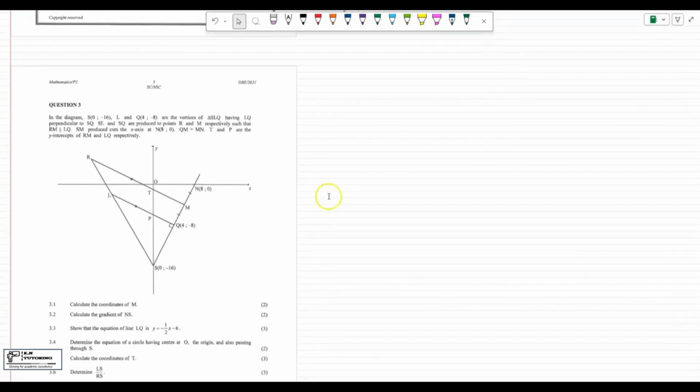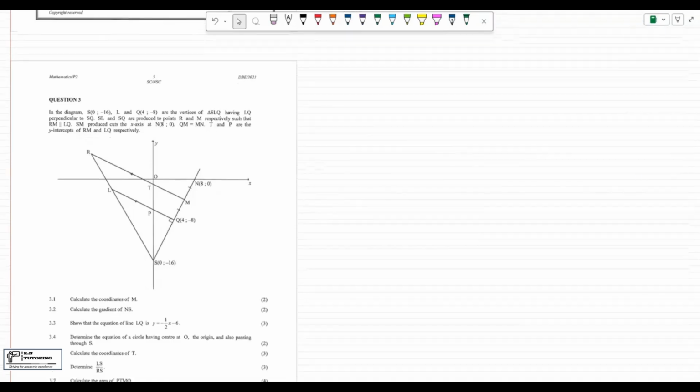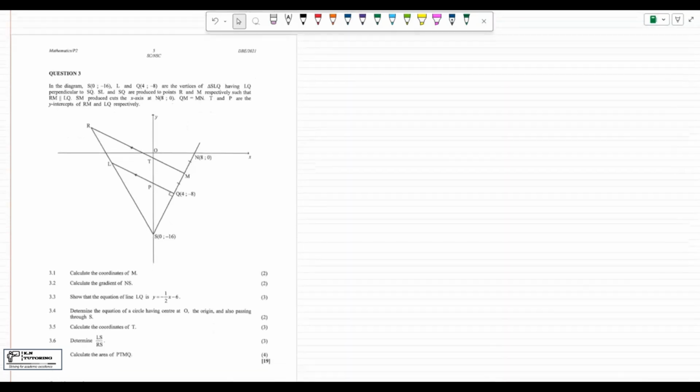It's an important section which, if you master it, you can easily pass your paper 2, because that's 40 over 150, about 26%, 27% of your paper 2 examination.